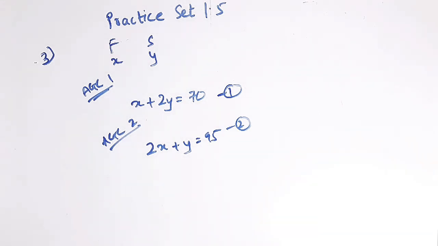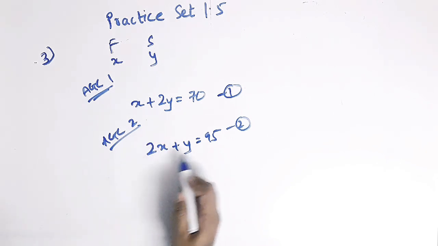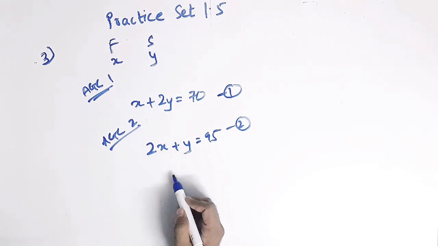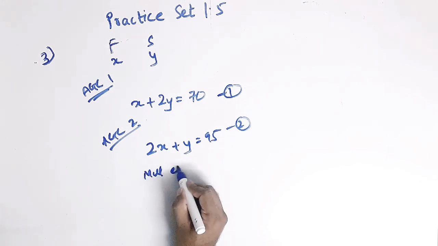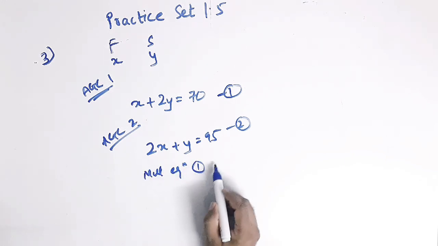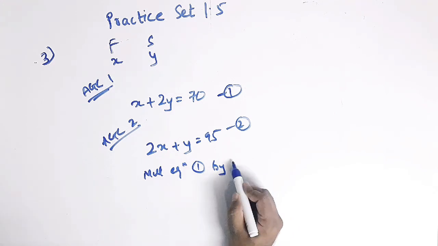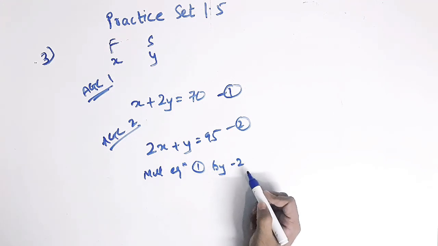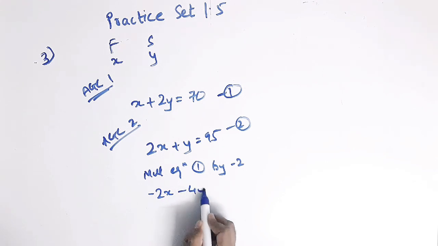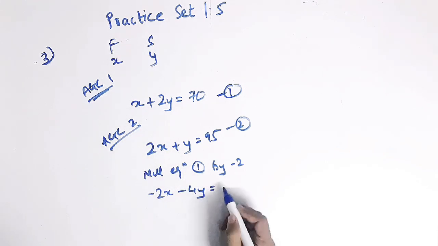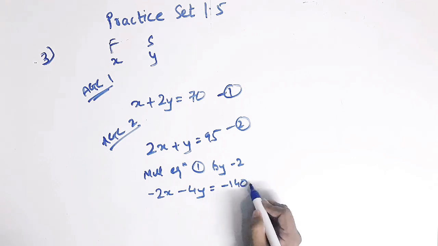I'll multiply the first one, multiplying equation 1 by minus 2. If I multiply this by minus 2, I'll get minus 2x minus 4y equals minus 140.